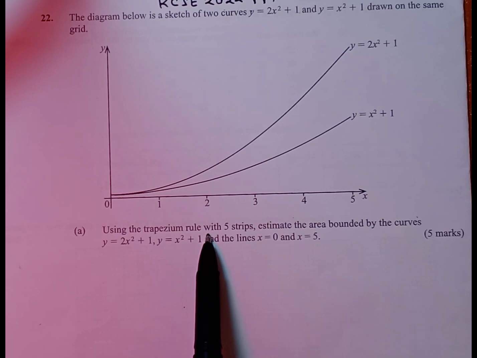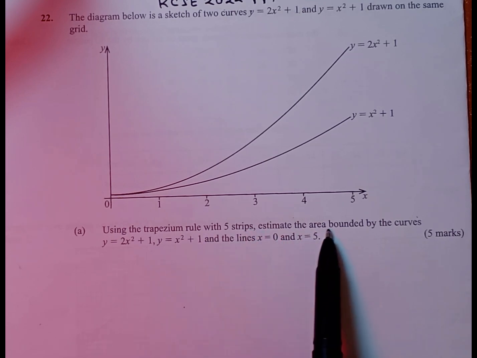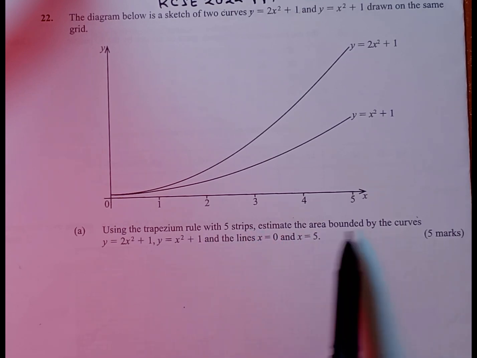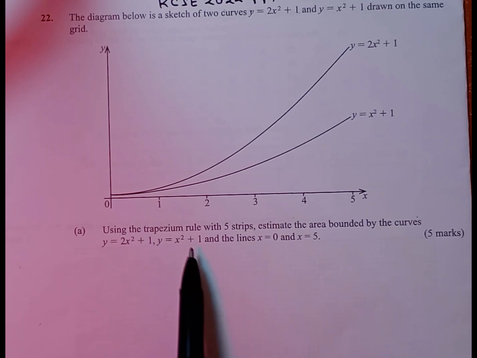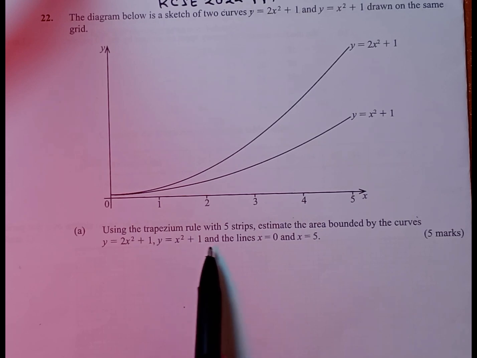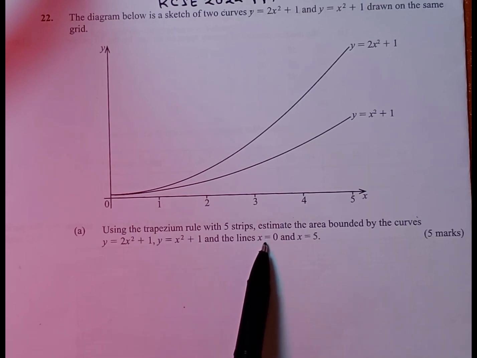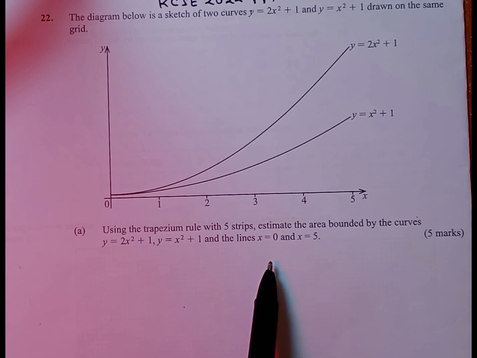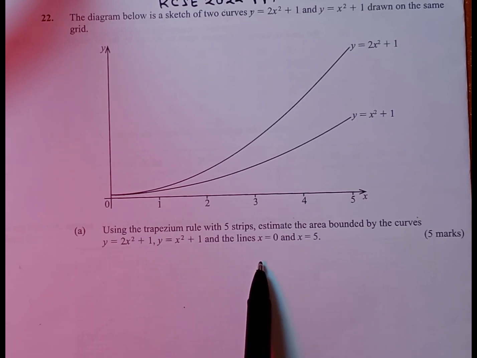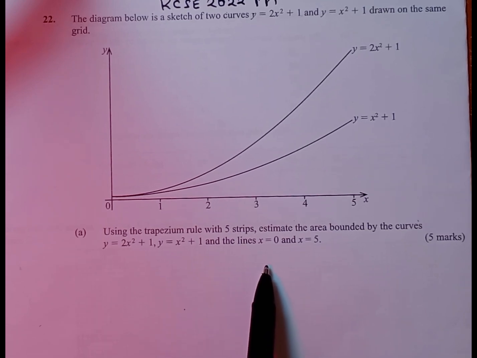Using trapezium rule with 5 strips, estimate the area bounded by the curves y is equal to 2x squared plus 1 and y is equal to x squared plus 1, and the lines x is equal to 0 and x is equal to 5. This question is usually very easy.